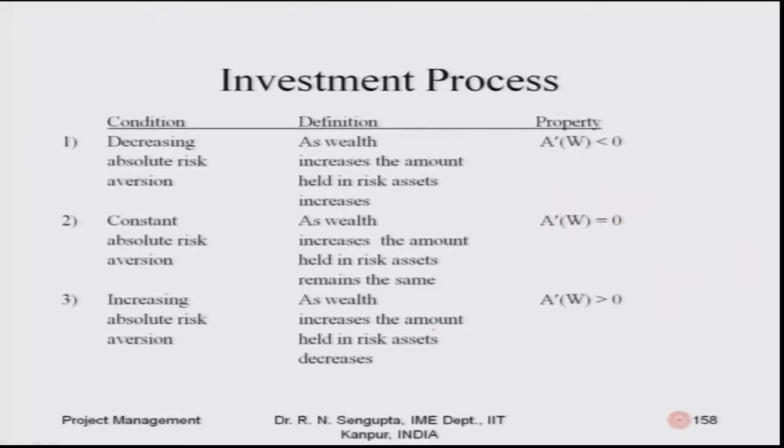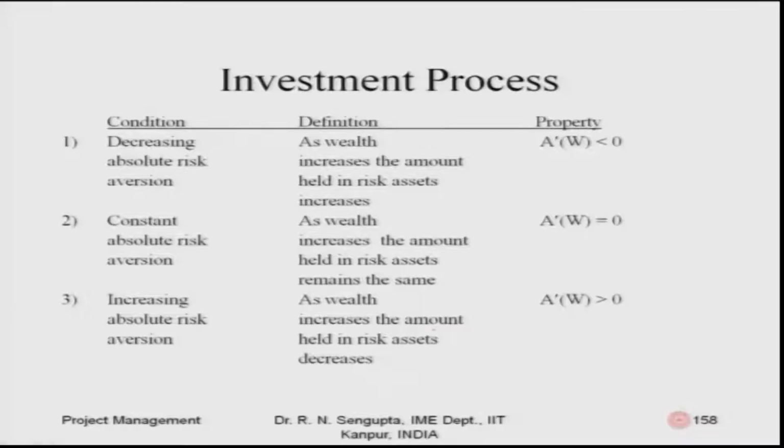Now, if you want to understand on a qualitative notion, these are all mathematics, very simple mathematics. So, if I want to understand the concept on a qualitative notion, this is how it can be stated. The conditions are given in the first column: decreasing absolute risk aversion, constant absolute risk aversion and increasing absolute risk aversion. The third column is exactly what I discussed in the last slide.